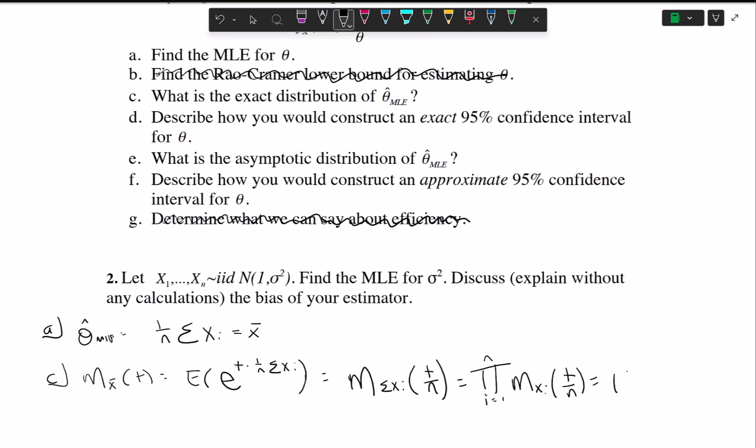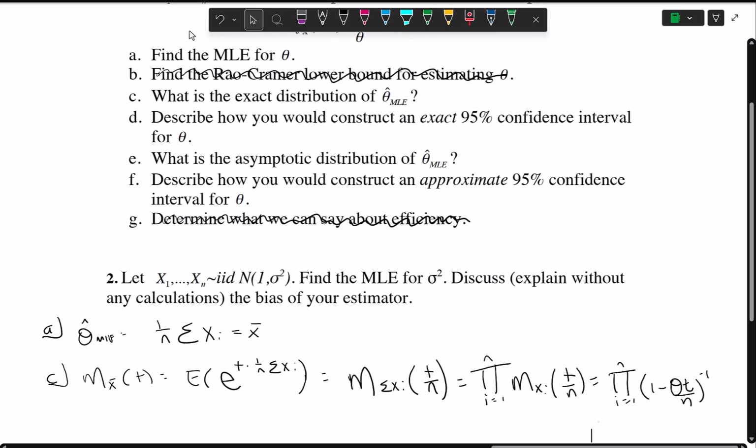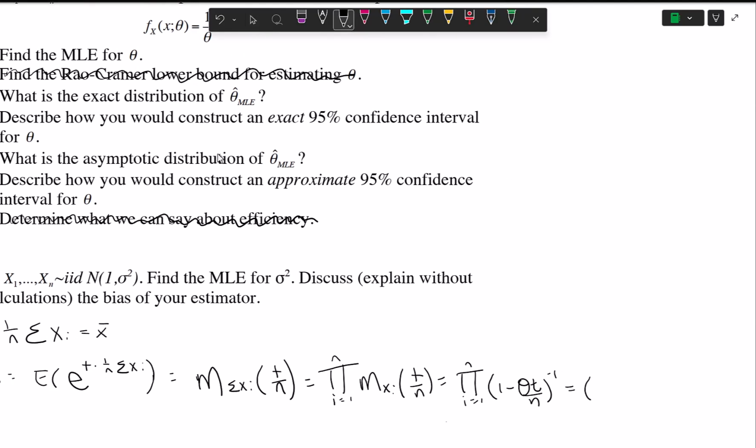We know that XI is exponential, and so it's going to be (1 minus theta t over n) to the negative 1. So that gives us (1 minus theta t over n) to the negative n. In other words, X bar is gamma with parameters n and theta over n.